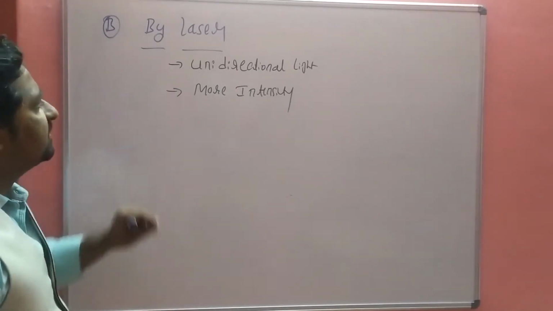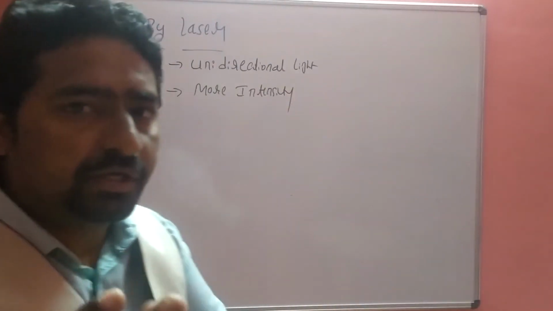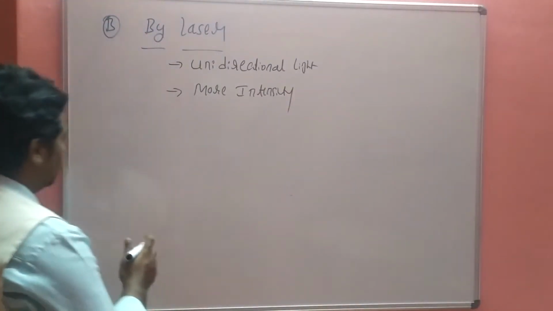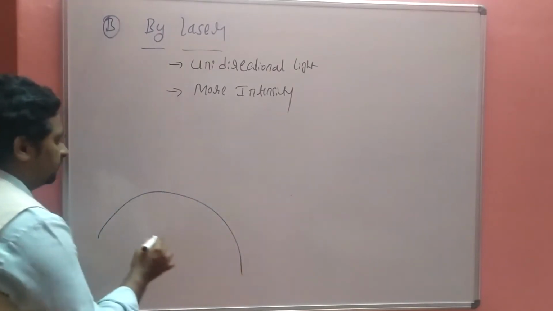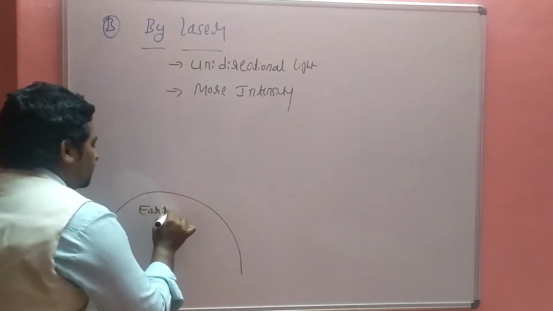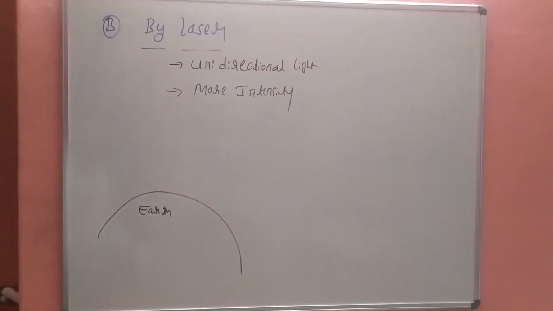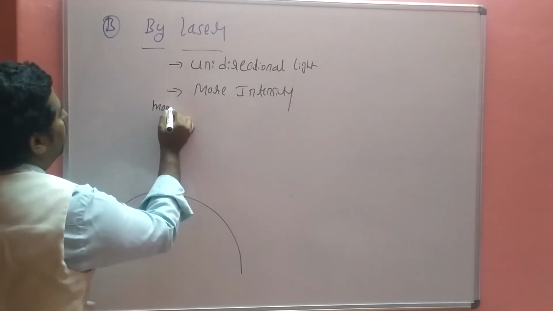Then by laser light, how do we find the length? First of all, this is the earth. Then, for example, this is the moon.